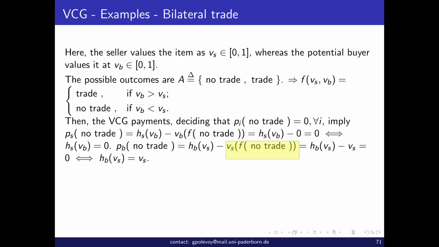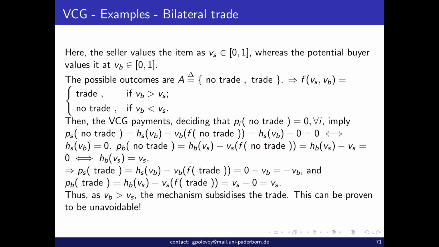And from what requirements we now can calculate what will be, according to this rule, the payment in the case there is some trade, because the seller is going to pay the h of s for the one of the buyer minus the value of the other person, the buyer, for the chosen alternative, which is trade here, which is the h of s of vb calculated to be 0, minus the value of the buyer for the item because they traded, which is vb.